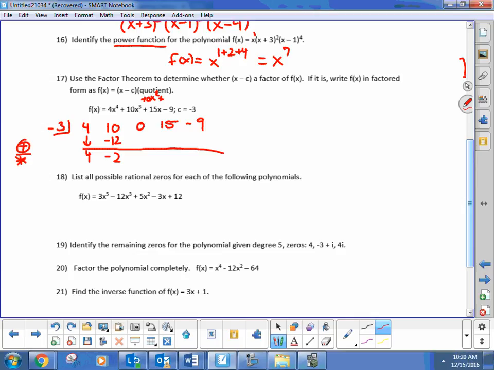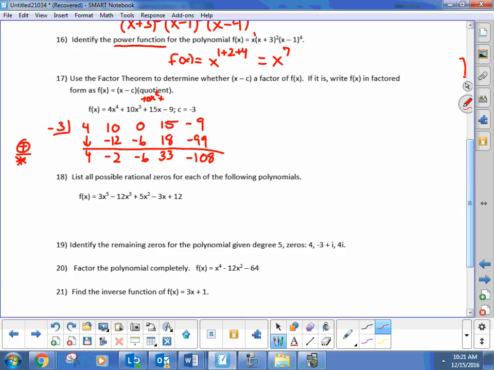Negative 3 times negative 2 is negative 6, I add it together, negative 6. Negative 3 times negative 6 is positive 18, so we come out getting a solution of 33. And the last one is going to be negative 99. So this solution goes out being negative 108.